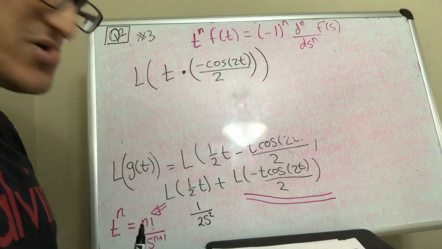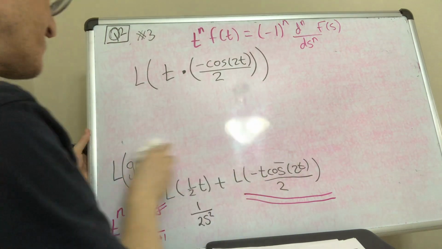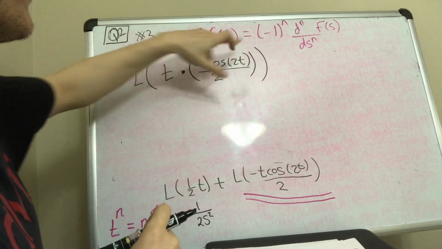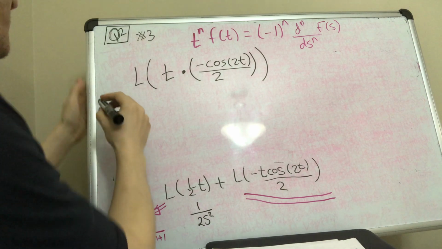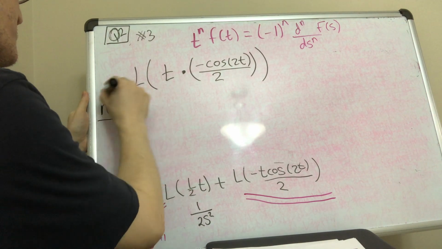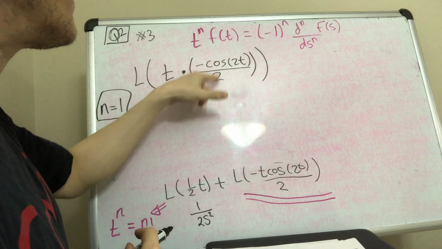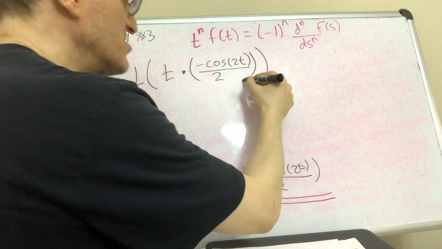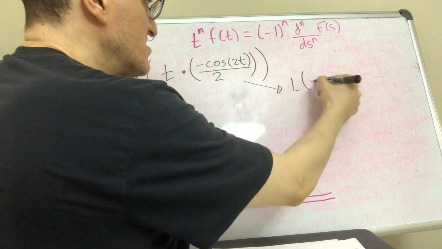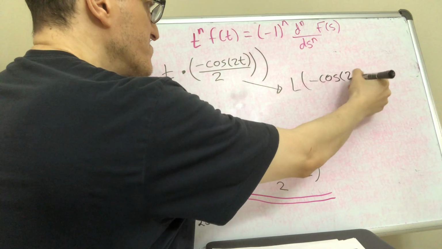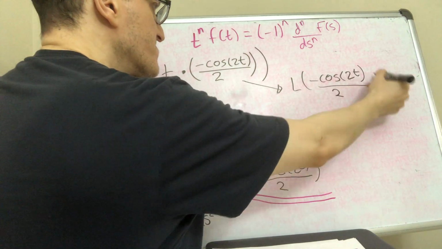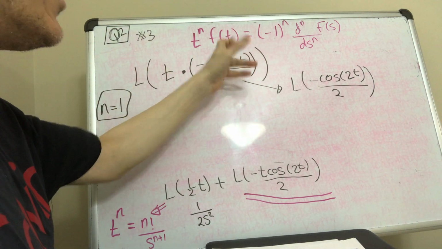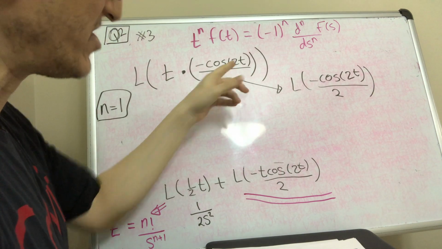Now, if you notice, comparing this to all of this, n is 1. And all you need to do with this is find the transformation. So here, I need to find the transformation of f of t, which is this part.